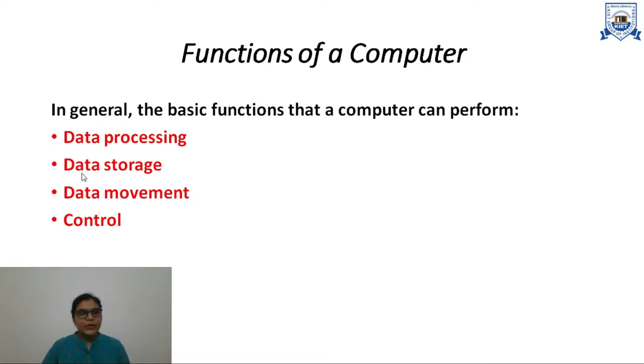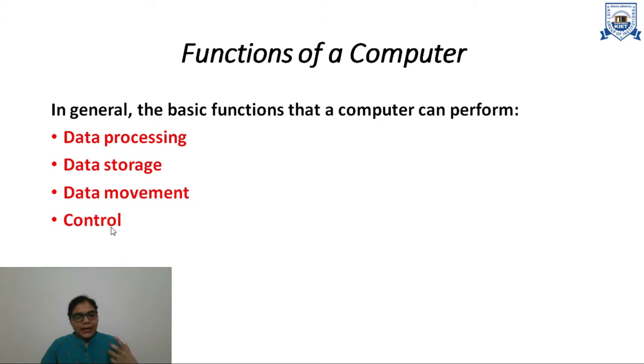Data storage: it can store data which can be used immediately or in future. Data movement: a computer has various components, so it moves data from one component to another.